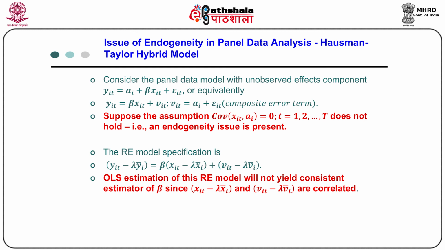Then the random effect model is specified as yit minus lambda yi bar equal to beta times xit minus lambda xi bar plus vit minus lambda vi bar. Here, the estimation of this random effect model will not yield a consistent estimator of beta, because xit minus lambda xi bar and vit minus lambda vi bar are correlated.